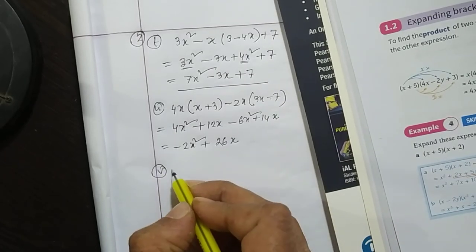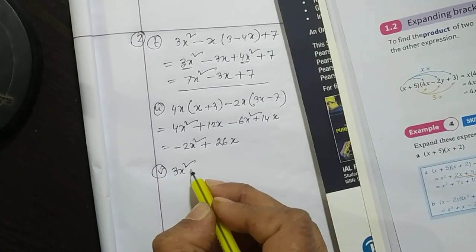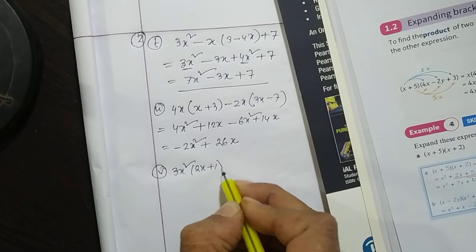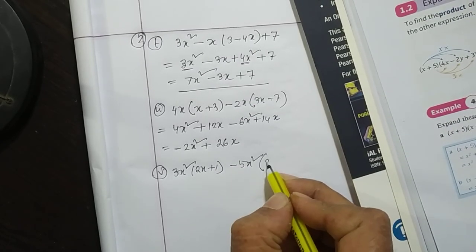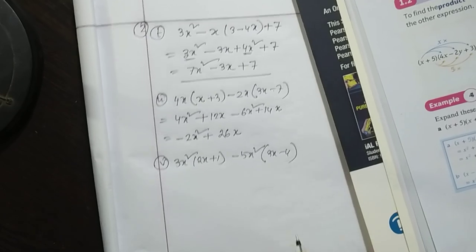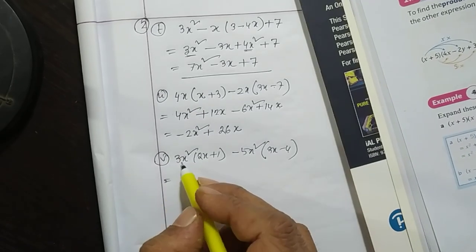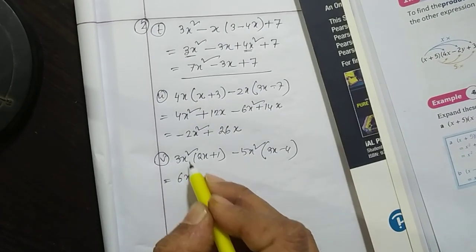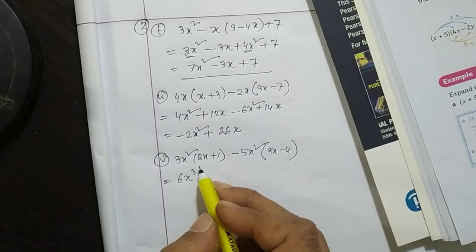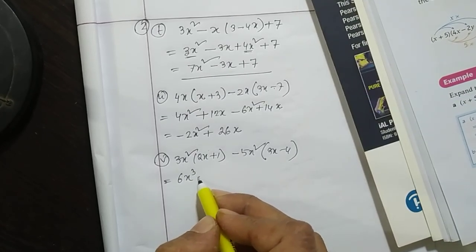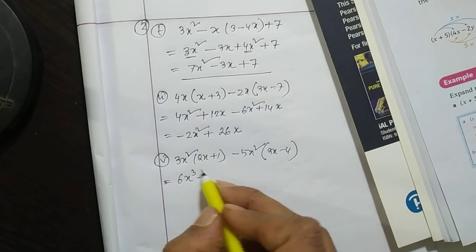Go for V. 3x square, here twice x plus 1, minus 5x square, 3x minus 4. Yes, similarly 3 times 2, that is 6, x times 2 here and here 1, directly you can write. Now you are experts now, so you can do it.